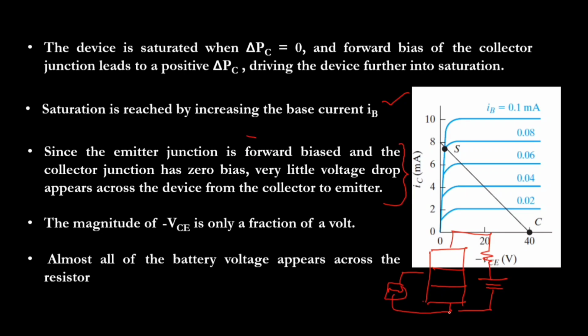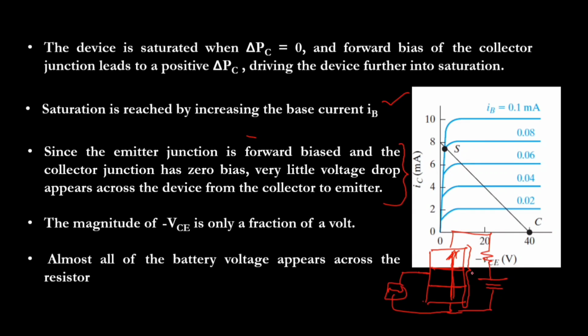Before, the entire drop was across the BJT, right? Once this junction is turned on, becomes forward biased and saturated, and this junction is also forward biased because of the positive IB pulse applied over here, current starts flowing through this BJT, and the drop becomes very negligible.